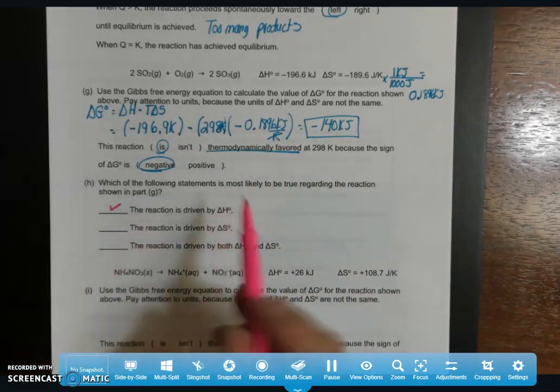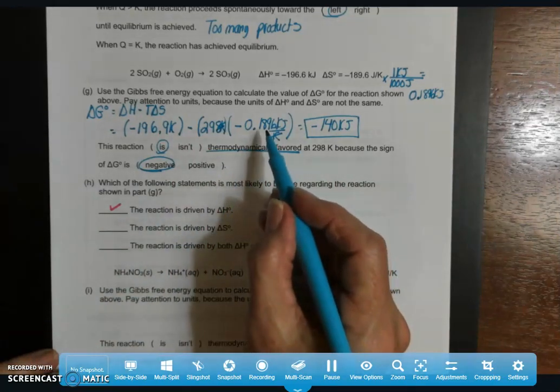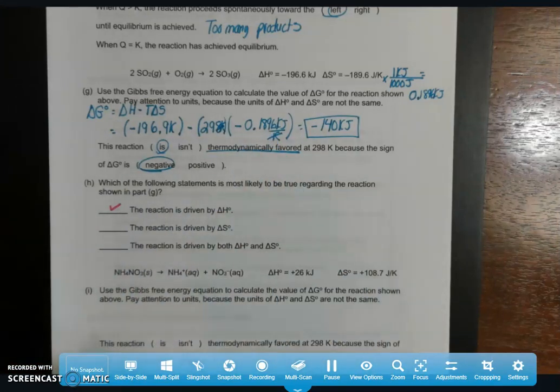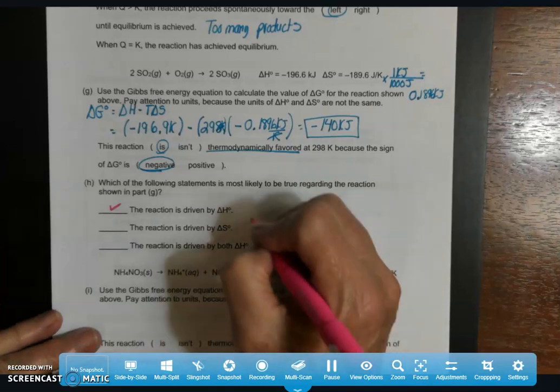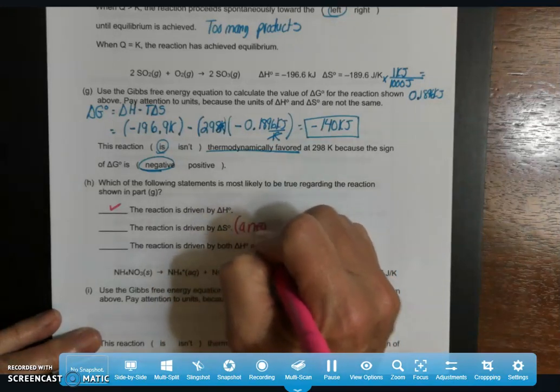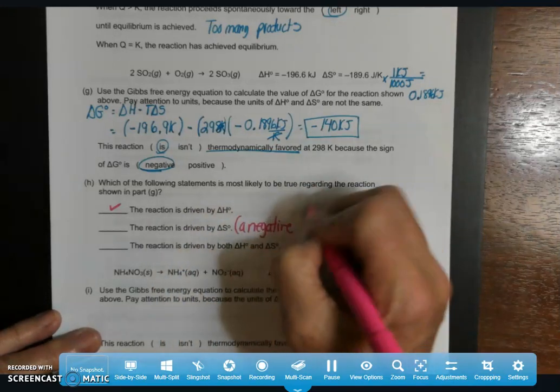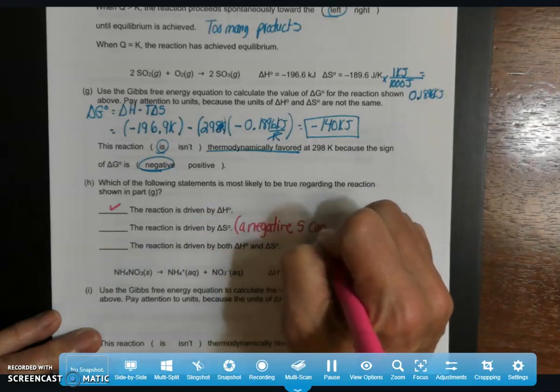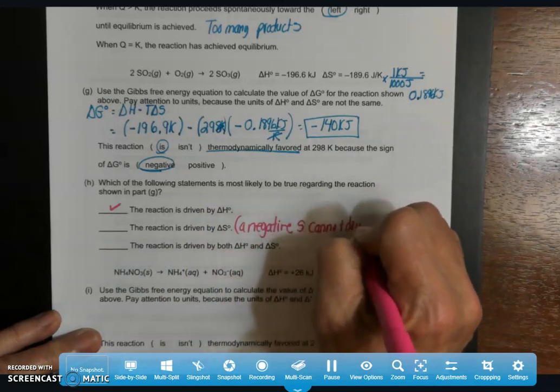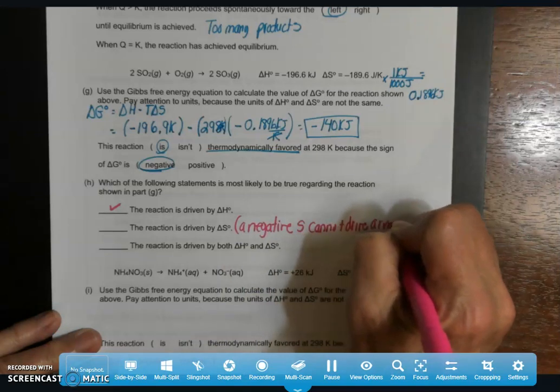Now, the entropy, however, is negative. That means that this reaction cannot be driven by it. A negative delta S cannot drive a reaction.